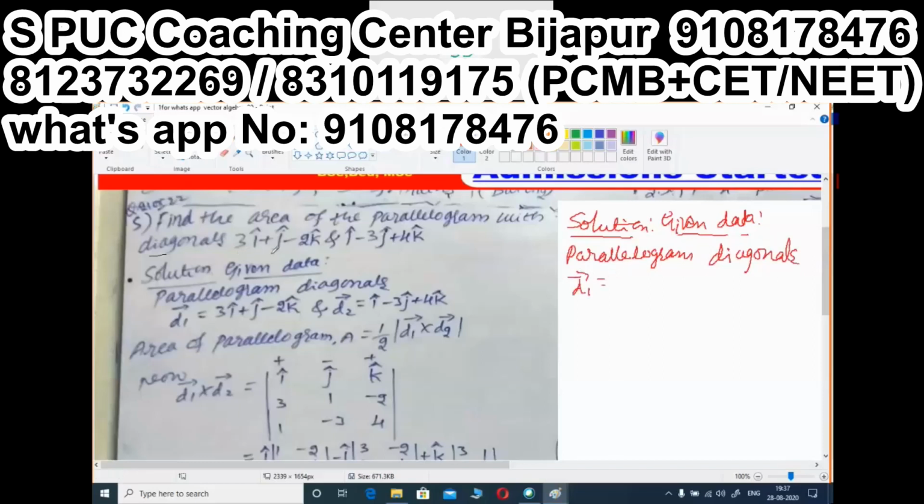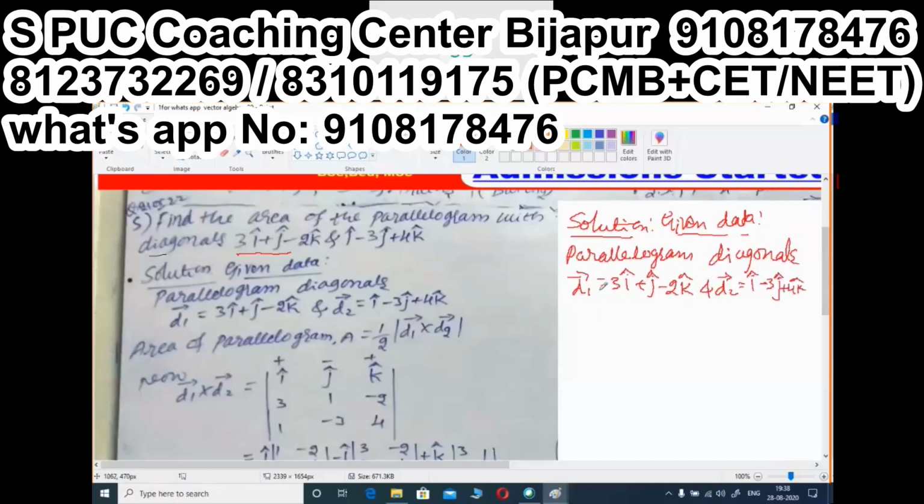First, whatever he has given, consider as the first diagonal, D1 vector, 3i cap plus j cap minus 2k cap, and the second one, D2 vector, which is i cap minus 3j cap plus 4k cap.